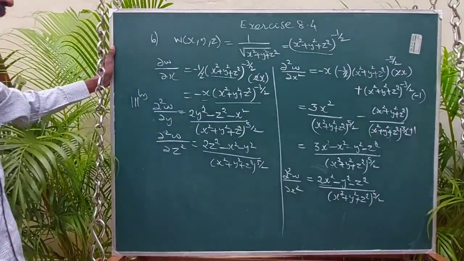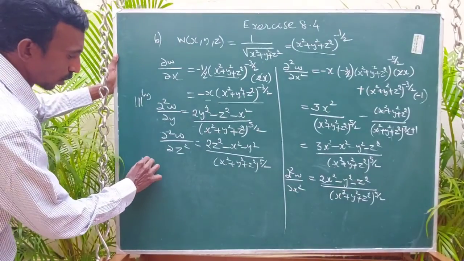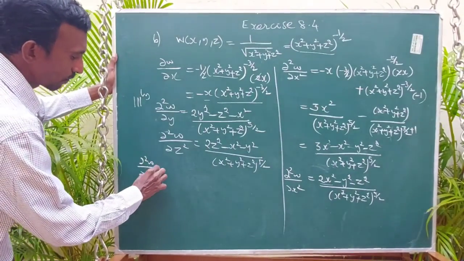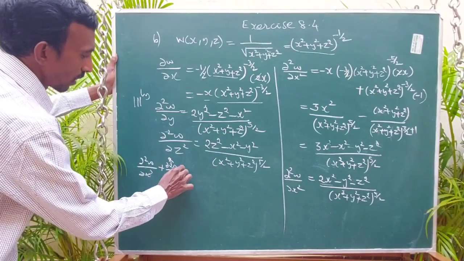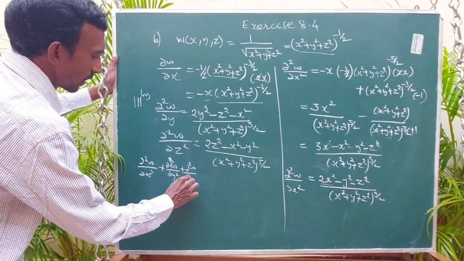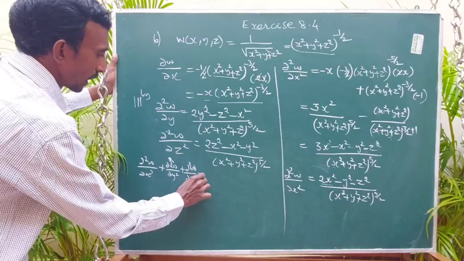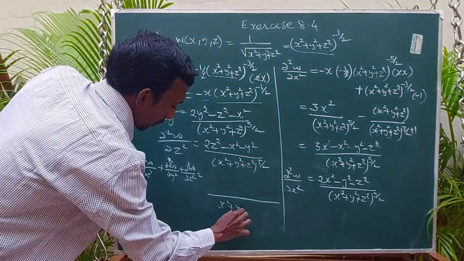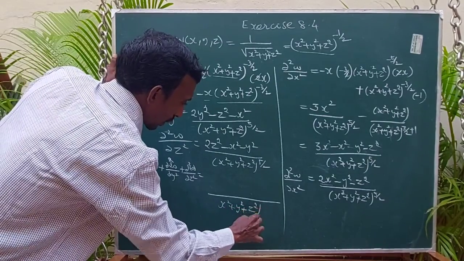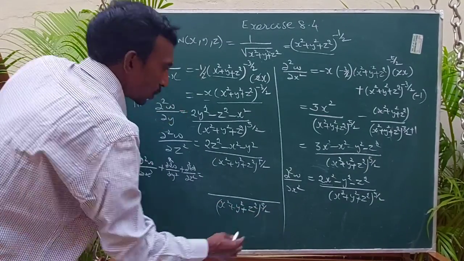Now sum of all the three, dou square w by dou x square plus dou square w by dou y square plus dou square w by dou z square equal to the same denominator x square plus y square plus z square the whole power 5 by 2.